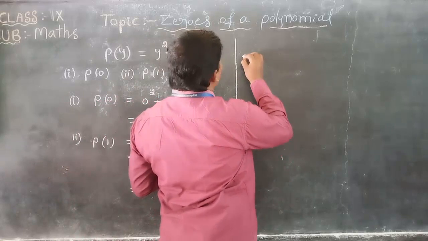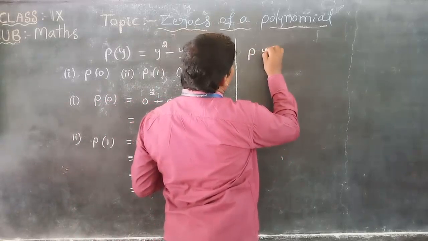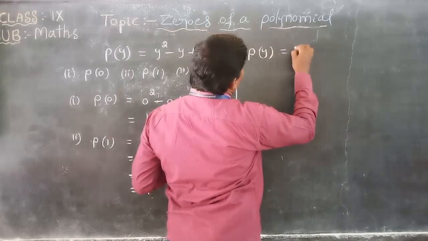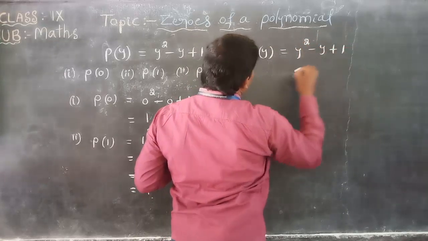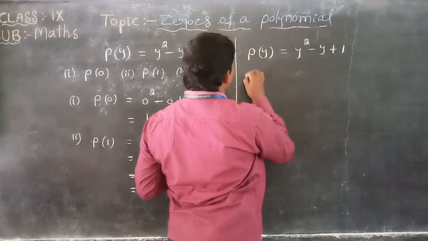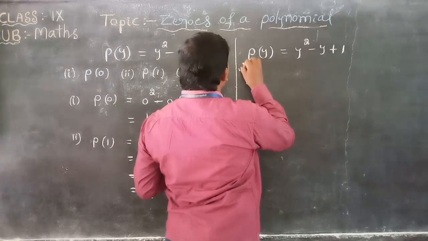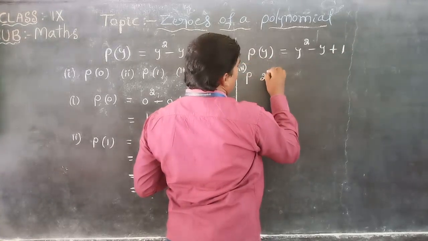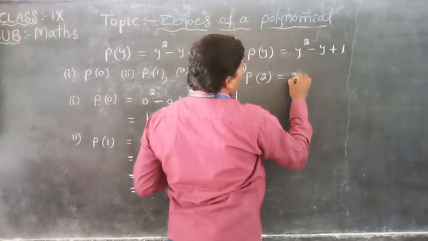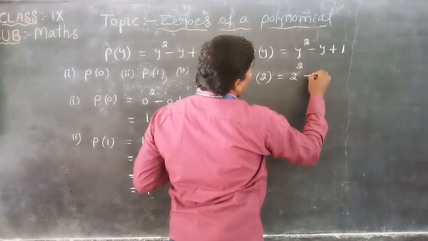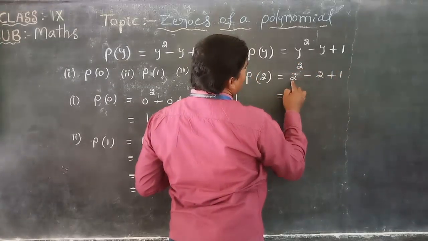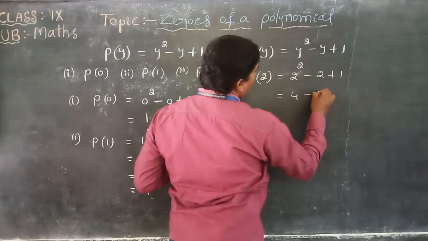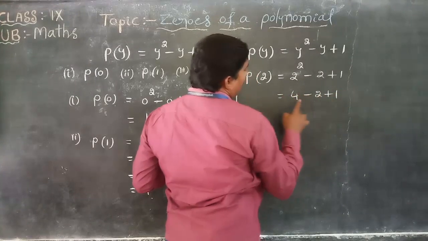Now P of 2. P of y is equal to y square minus y plus 1. In the place of y, we substitute 2. P of 2 is equal to 2 square minus 2 plus 1, which is 2 twos are 4 minus 2 plus 1.